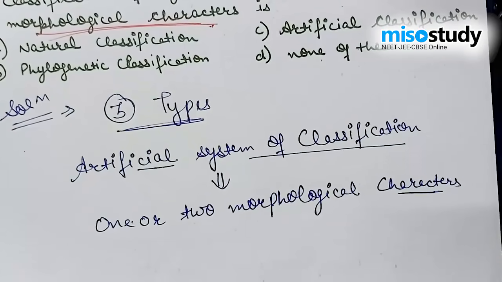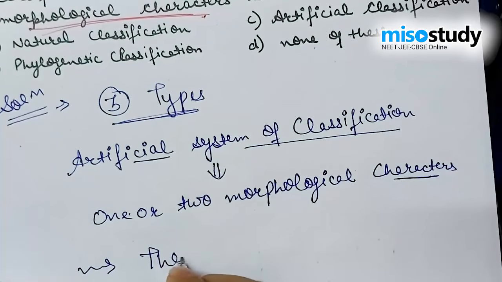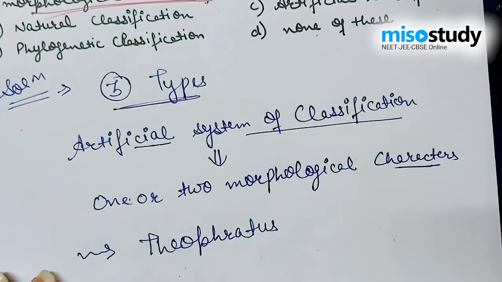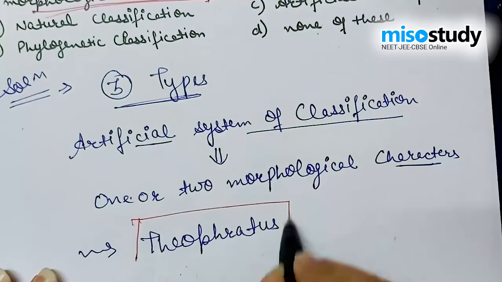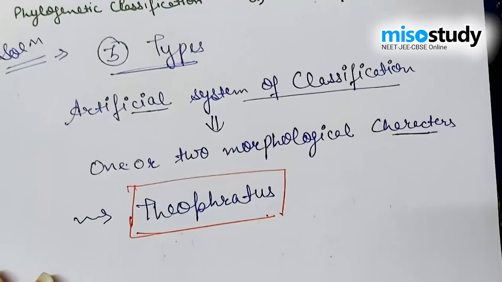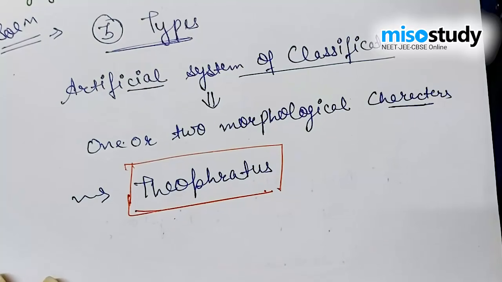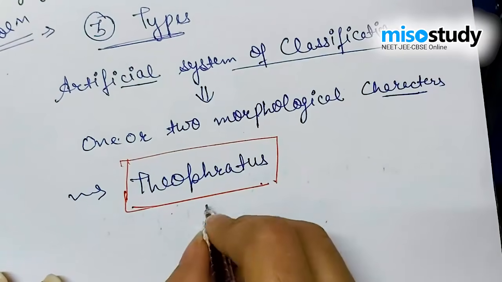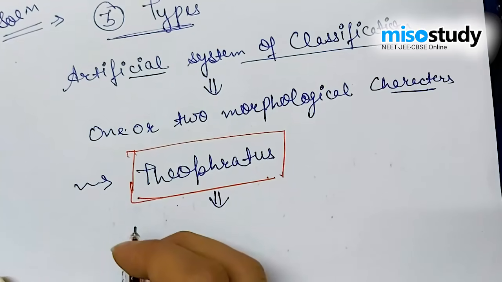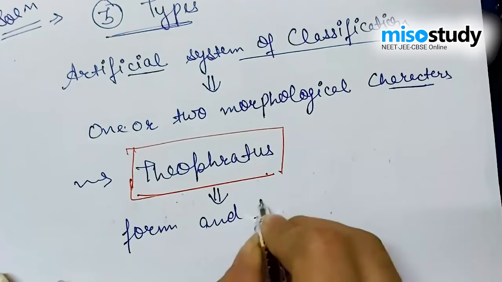The artificial system of classification was given by the scientist Theophrastus, who was also known as the father of botany. As we are discussing the plant kingdom, and all plants come under botany, Theophrastus classified all the plants, especially in the artificial system, on the basis of their form and texture.